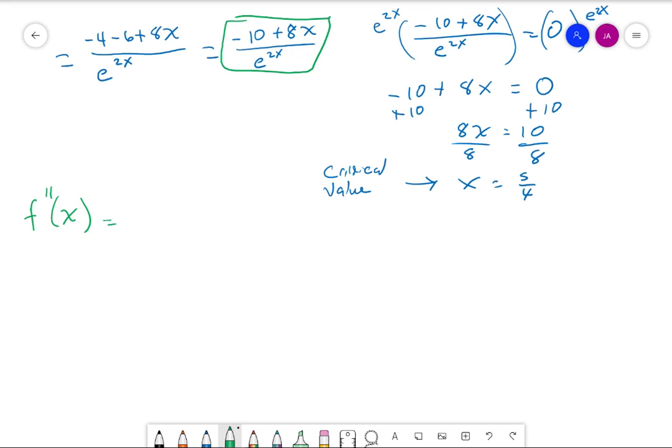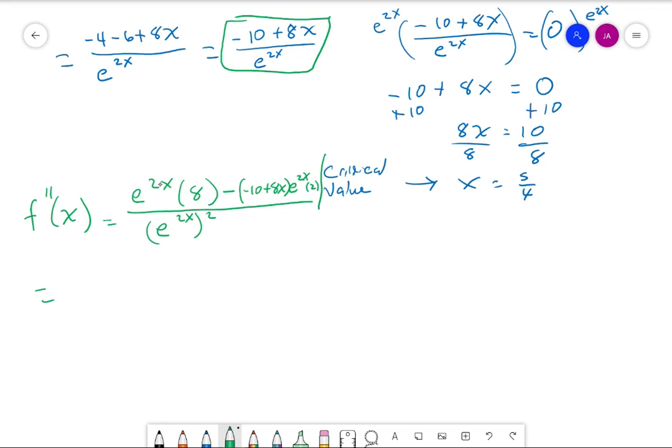And so f double prime, that's going to give me e to the 2x times 8 minus negative 10 plus 8x times the derivative of e to the 2x, but that's e to the 2x times 2, all over e to the 2x quantity squared.